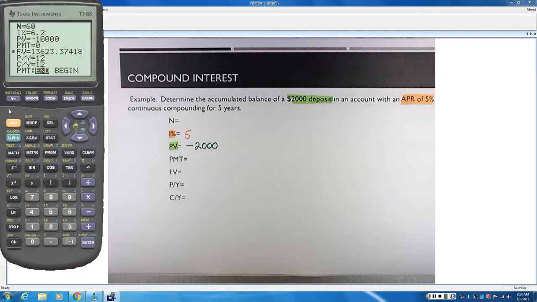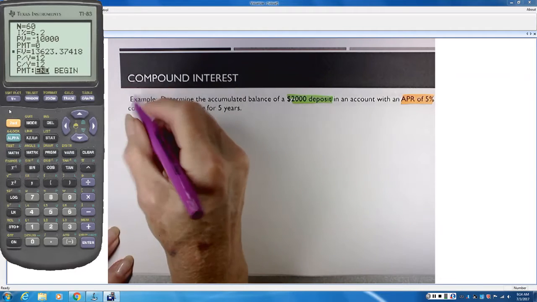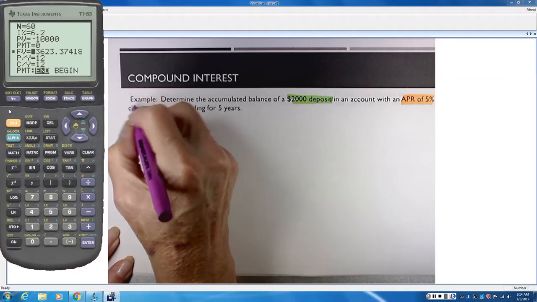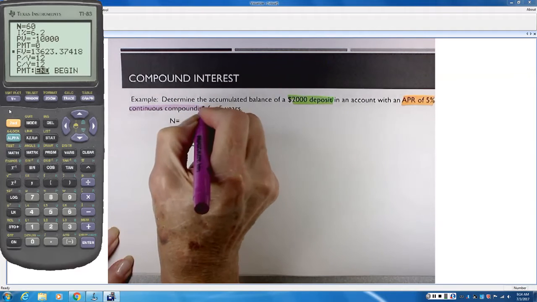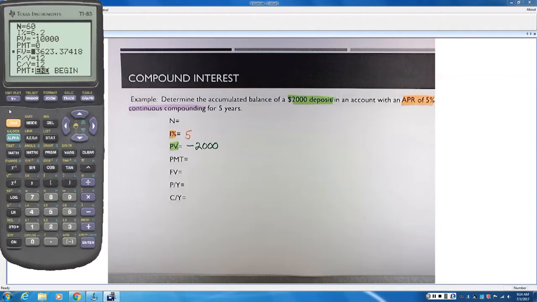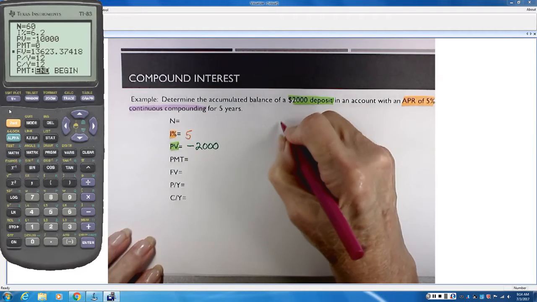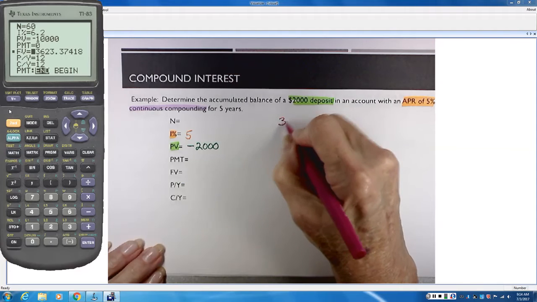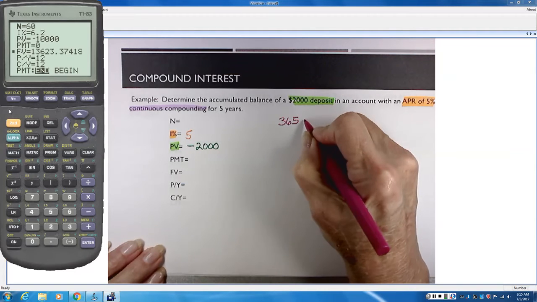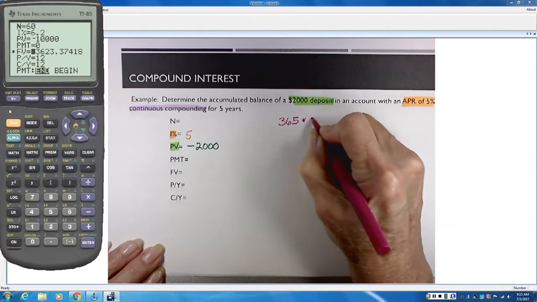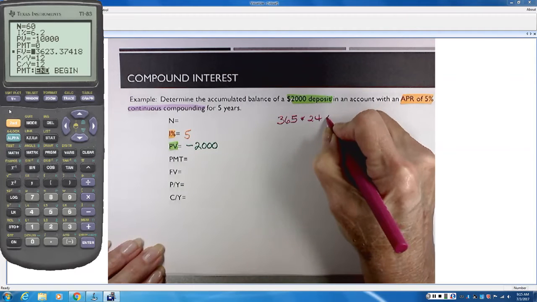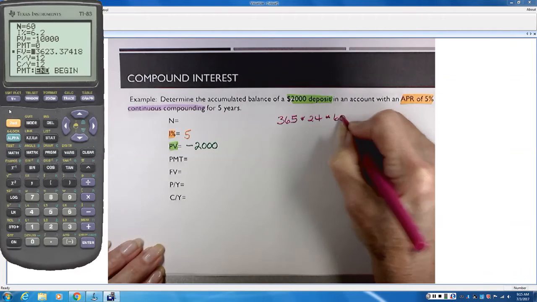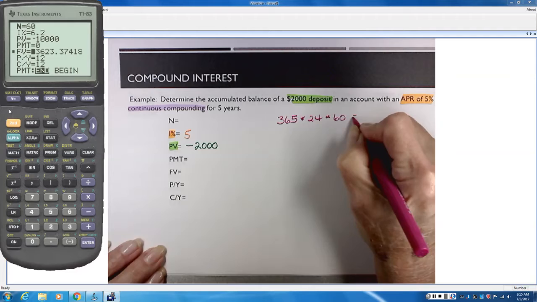And then the part that is different is where it says continuous compounding. So for continuous compounding, what you have to remember is there are 365 days in a year times 24 hours in a day times 60 minutes in each hour.